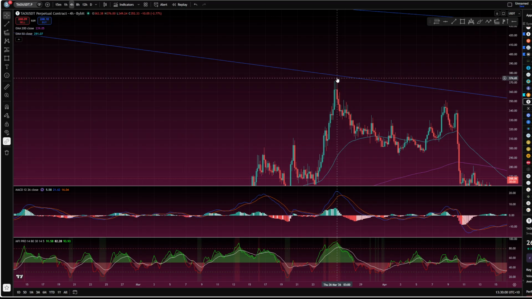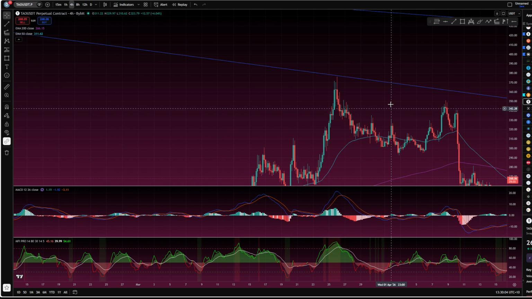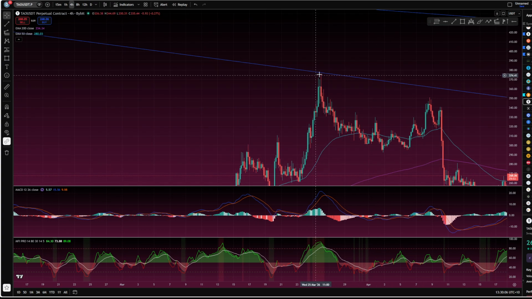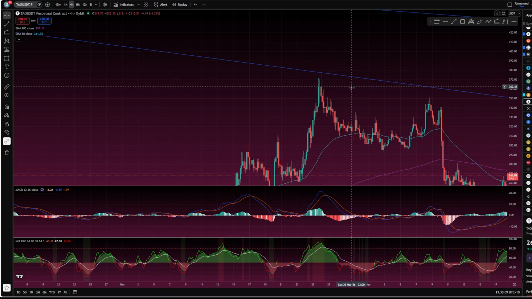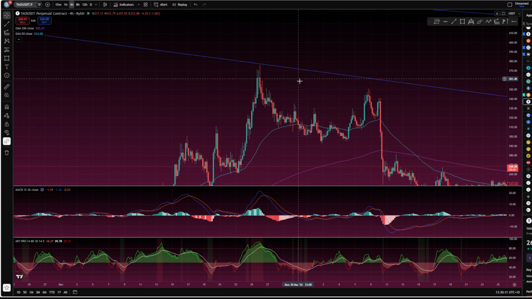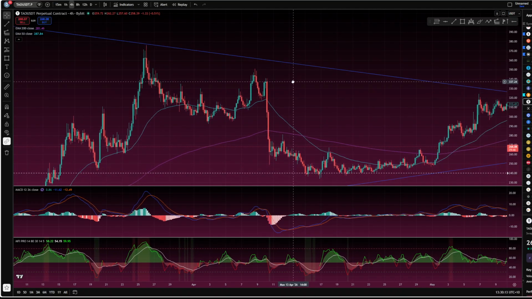So a lot of buyers come in, hit that area, and it was just overwhelmed by sellers, and it's dropped pretty dramatically there. So it looks like that area is a valid sell area, and I might actually bring that line down a bit there.